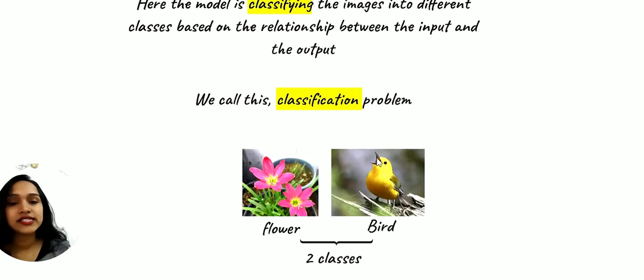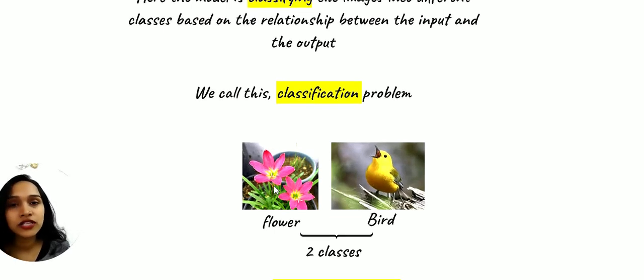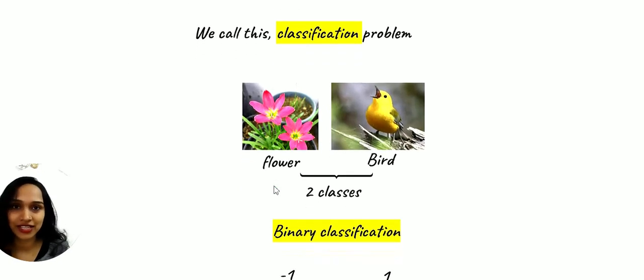In our case, we just had two classes, right? We had images of flowers and birds. We had entities or glucose values which were normal and which were high. We had spam and not spam. So all of these were classification problems that involved only two classes. We call the classification problems with only two classes a binary classification problem.